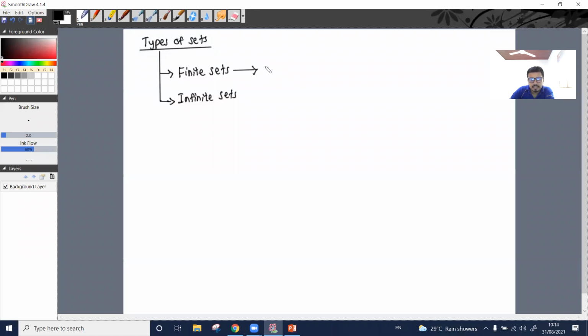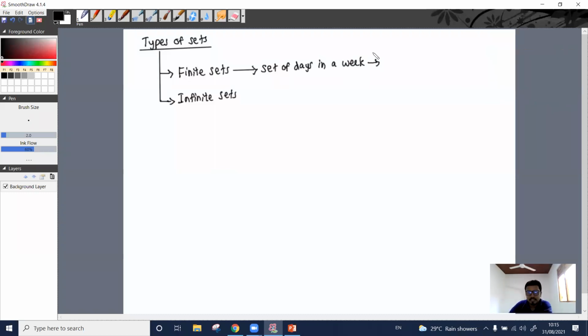If I say set of days in a week, as an example, what should this set be? W equals what?